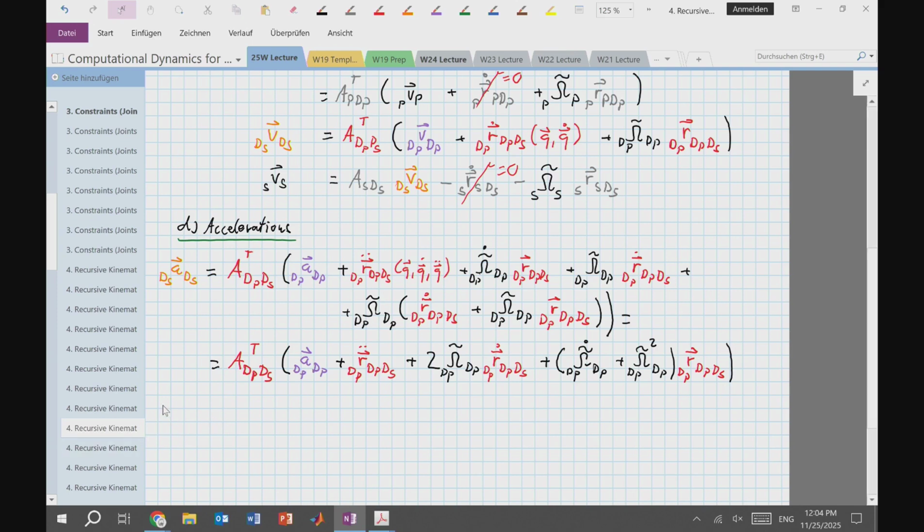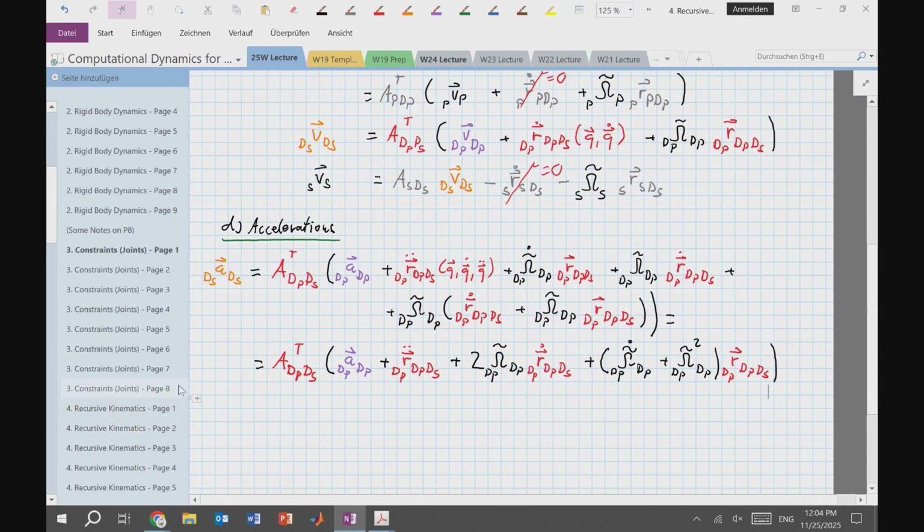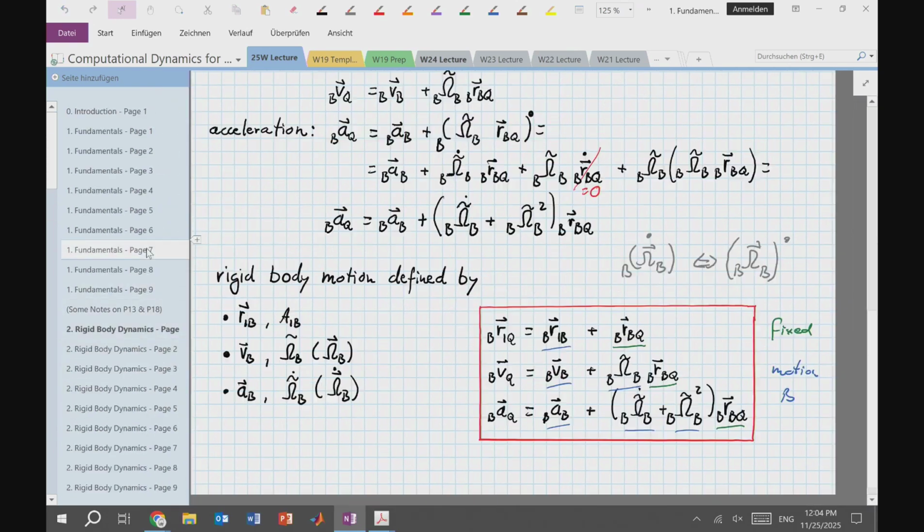Again, I can compare this to our equation of points on the same rigid body. And there we had acceleration of some point q. I'll get back to the other slide in a second. Acceleration of point q is acceleration of point b plus this term, where this is, in a sense, a centripetal acceleration, and this here is sort of the tangential acceleration.